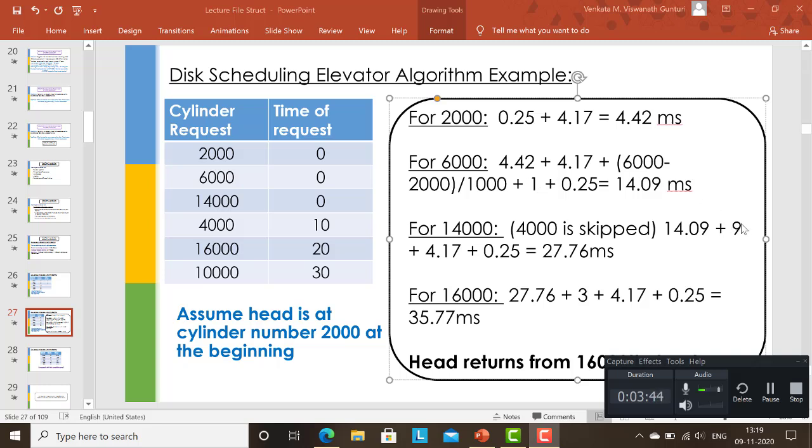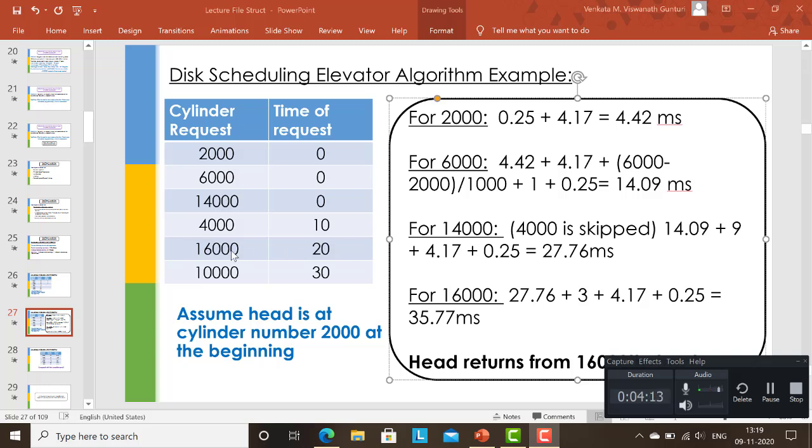So 9 becomes your seek time, and this is the rotational latency and time required to read. So that part remains the same. So by the time this 14,000 address at the cylinder is serviced, the time has moved to 27.76, right? So at this stage, again, I look in the queue to see if I have to go forward.